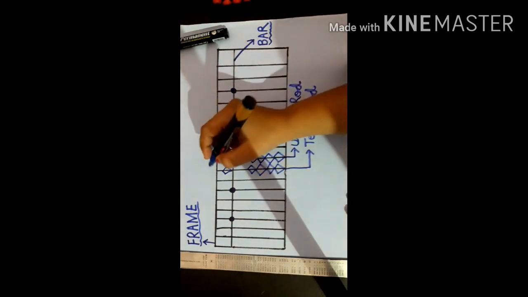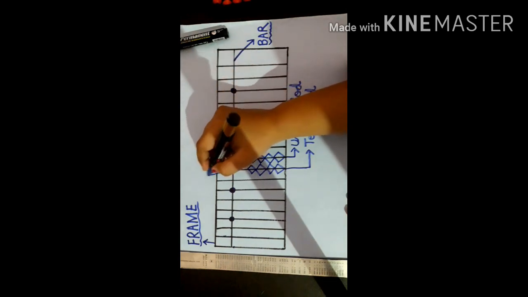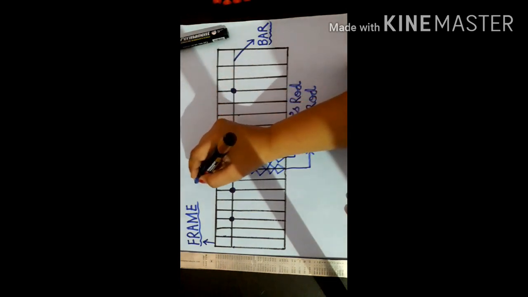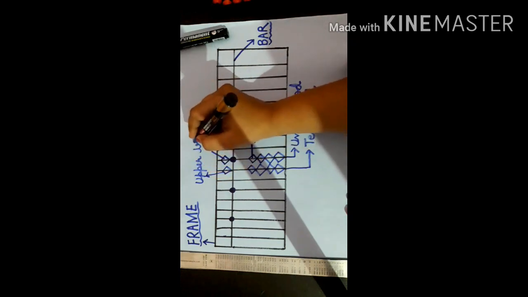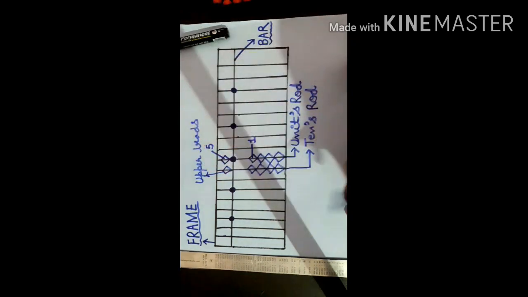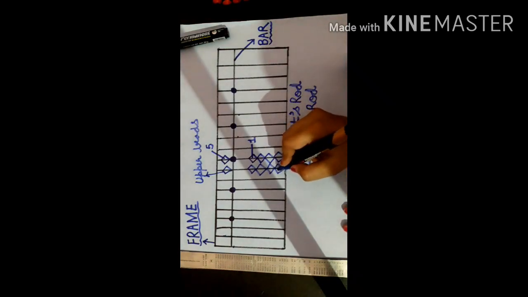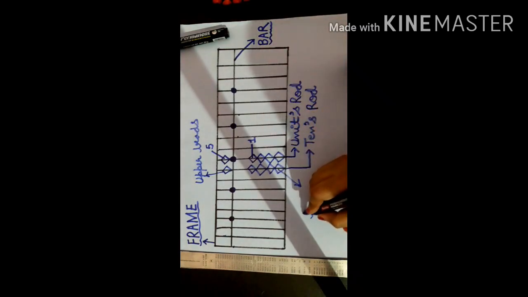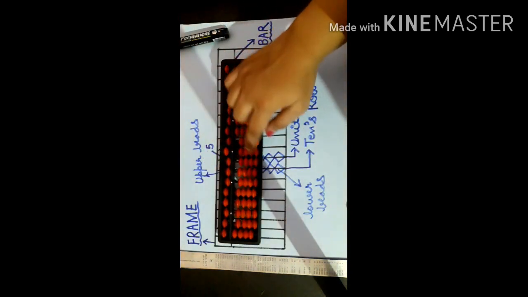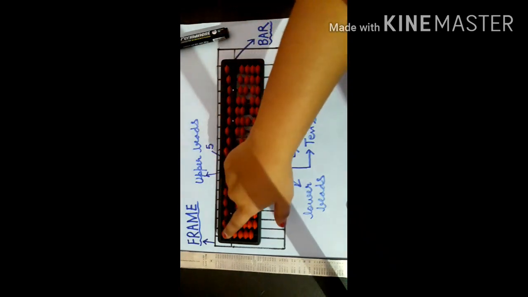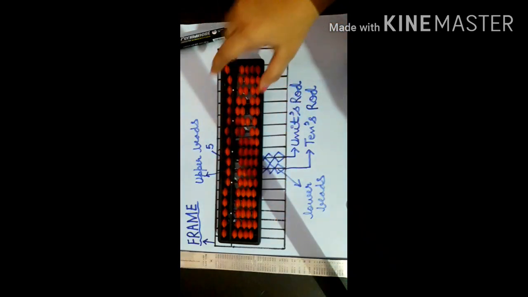These beads we call upper beads, and these beads we call lower beads. You know this? The beads which are down are called lower beads, and the beads which are up are called upper beads.